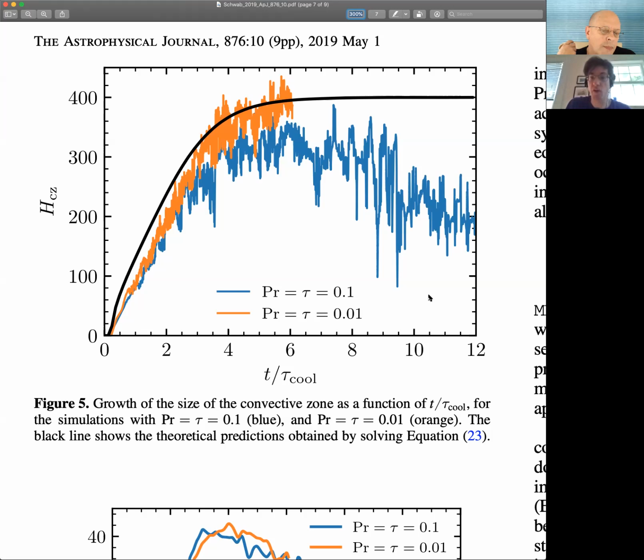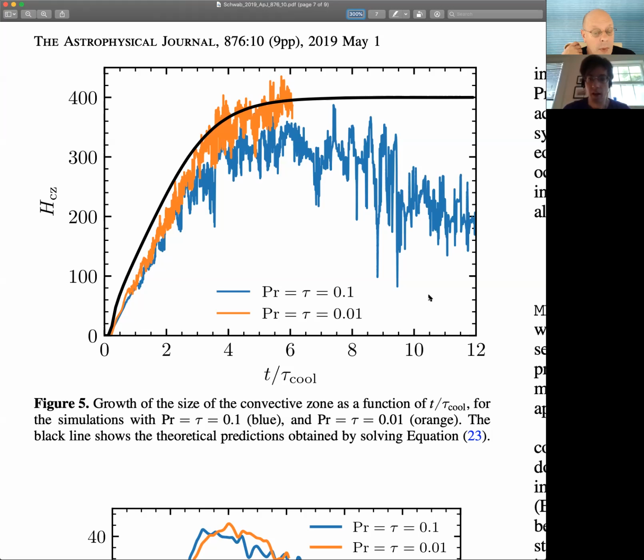As we go further in time past that, the formal size of the convection zone is shrinking a bit. You can see the blue line trending downwards, and that reflects that we've started wiping out the composition gradient. There's also this other fingering mixing happening on the sides of the convection zone that's becoming more important.